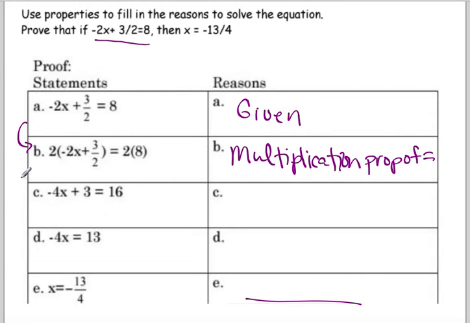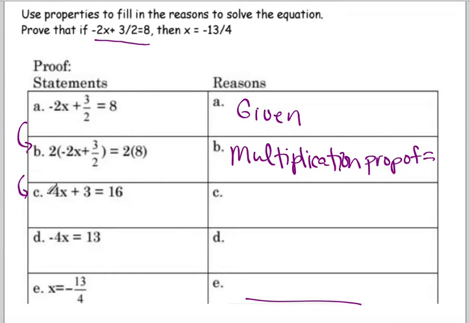Now, from B to C, some people mess this up. Some people put multiplication because they are multiplying the 2 with the stuff here and the 2 with the 8 to get that. But multiplication is when you are multiplying both sides of the equation by the same number, and we already have done that in step B. Step C is a matter of simplification, and we have to think of what we are doing to simplify this.